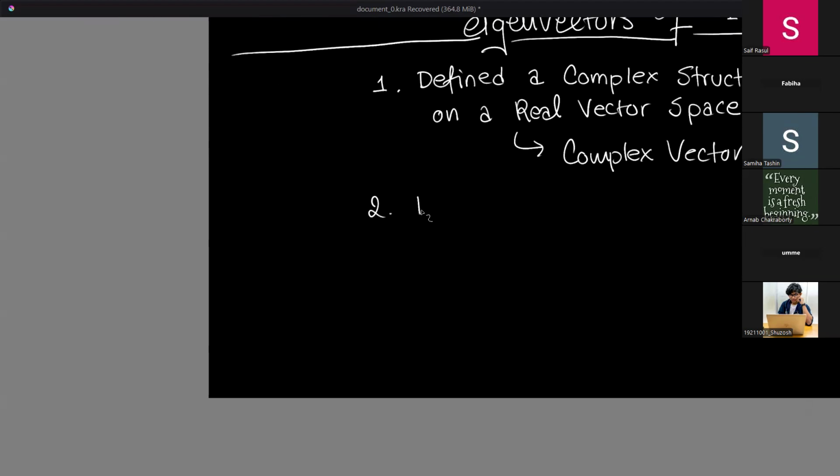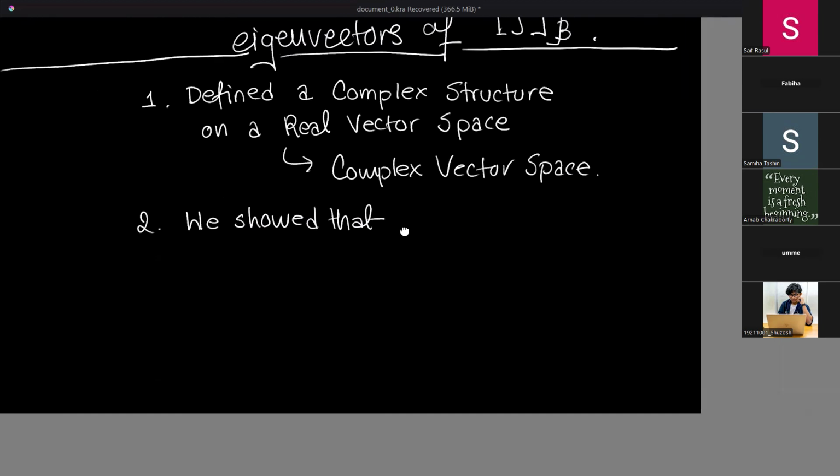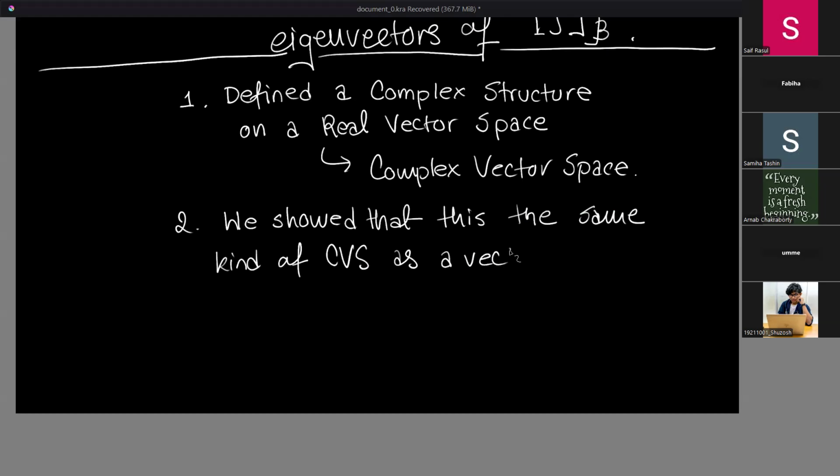I'm going to call it a CVS, a vector space over C.